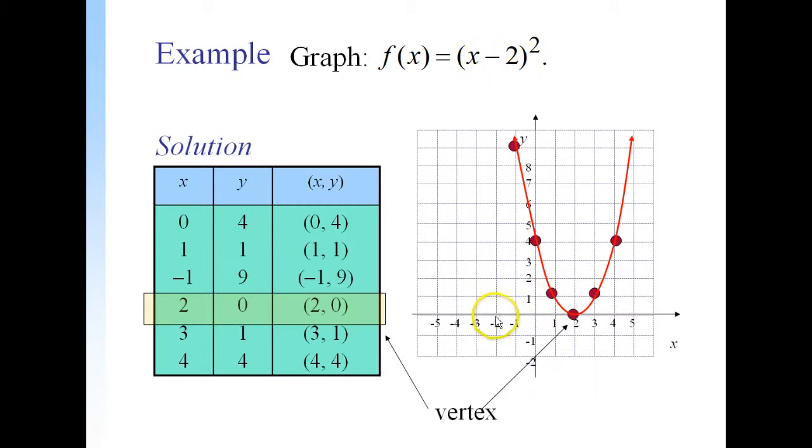It would shift to a -2. It'd be the same shape, because if a is just 1, this is our basic shape. And we will see then, as we look at this, that if h all by itself is positive, the negative here is in the formula, we'll shift that to the right. Okay, let's go on.